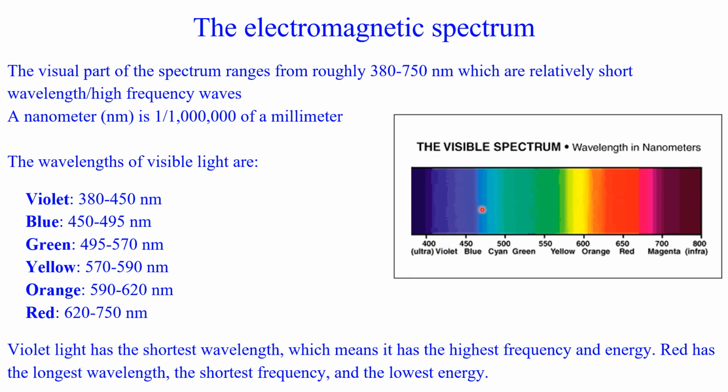And at the lower end of the visual portion of the electromagnetic spectrum, think about your rainbow again, we have our violets and blues, and then the mid part, these green and yellow waves have more energy, a higher frequency. And then at the upper end, this is the limit in terms of the level of frequency that the cones in our retina can actually process, around that 750 nanometers.